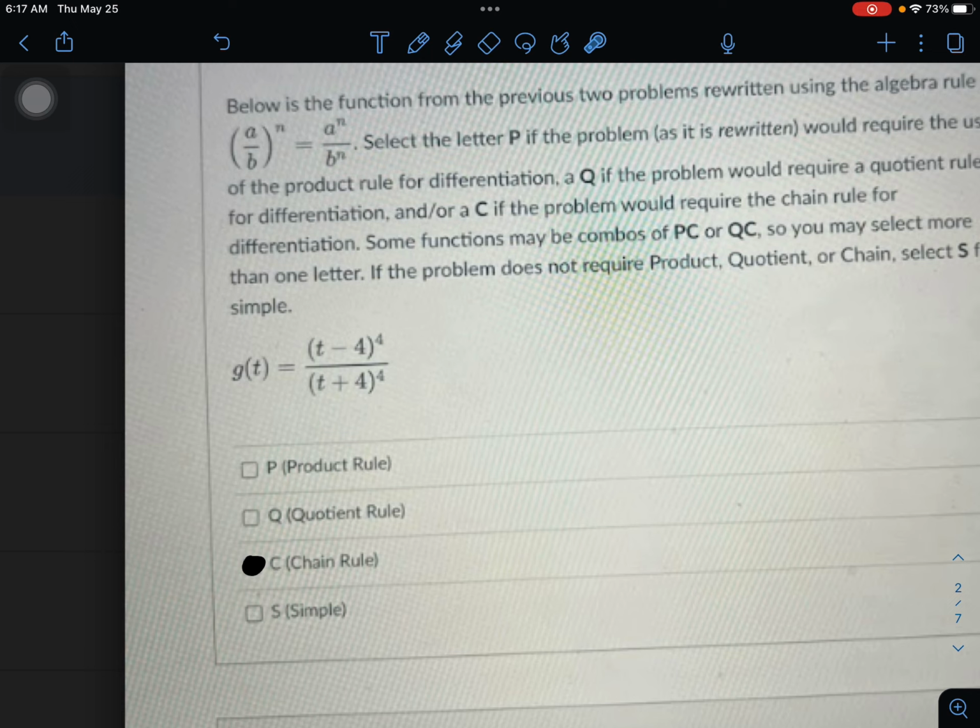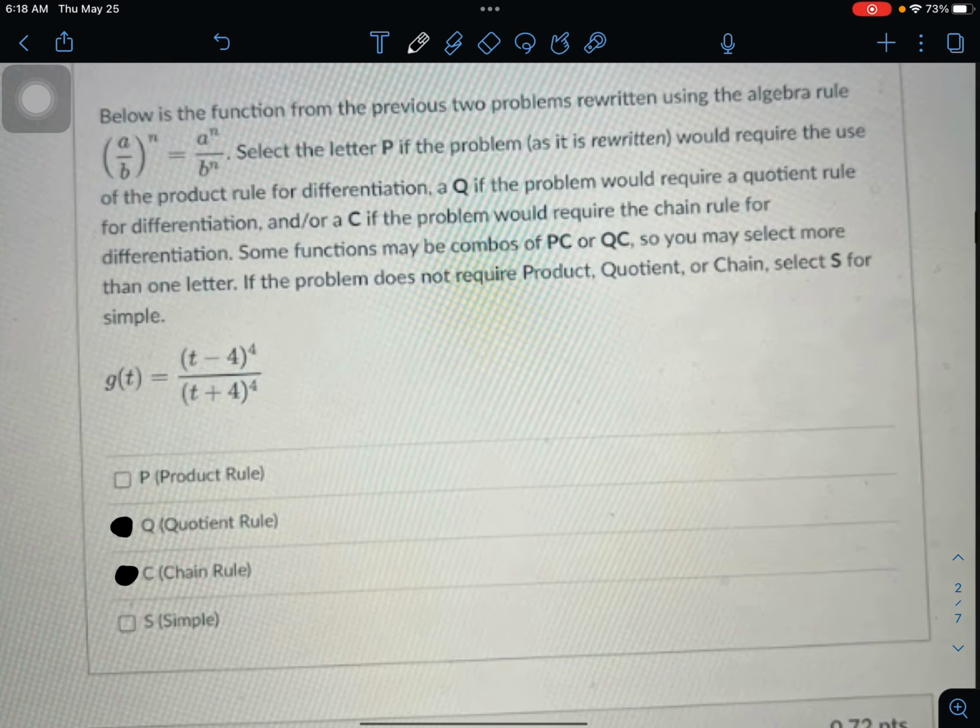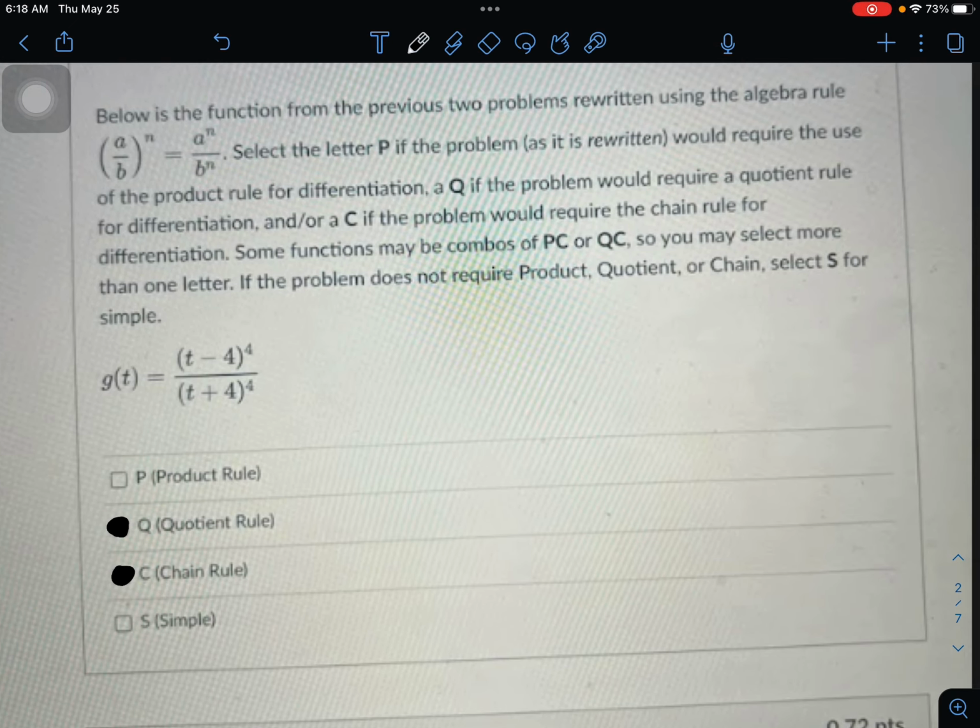And then I have the quotient rule. Quotient rule comes into play whenever you have a fraction. So yeah, I got a fraction. At some point, I'm going to have to do the quotient rule. So I need the quotient rule also. And that is it, because those are the only combinations I can do.